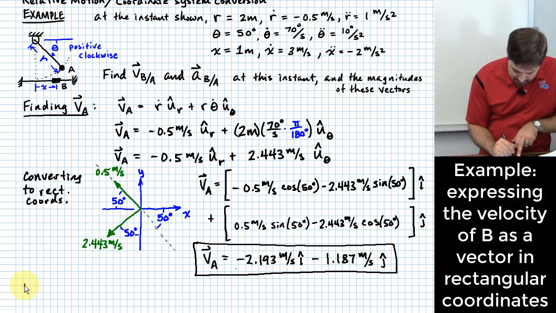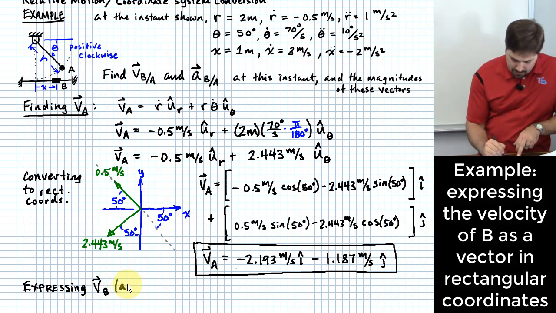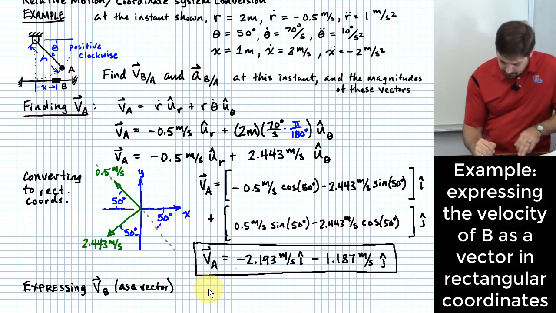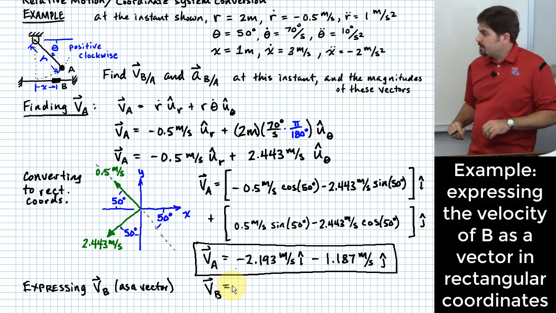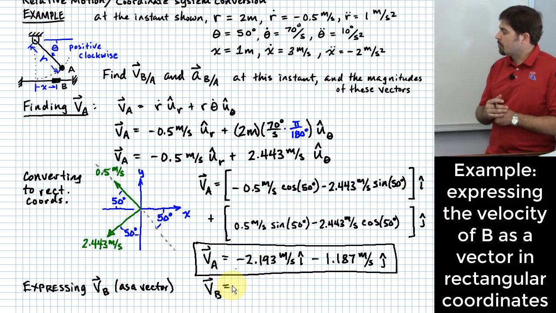So this is expressing VB as a vector. Does it have a vertical component to it?